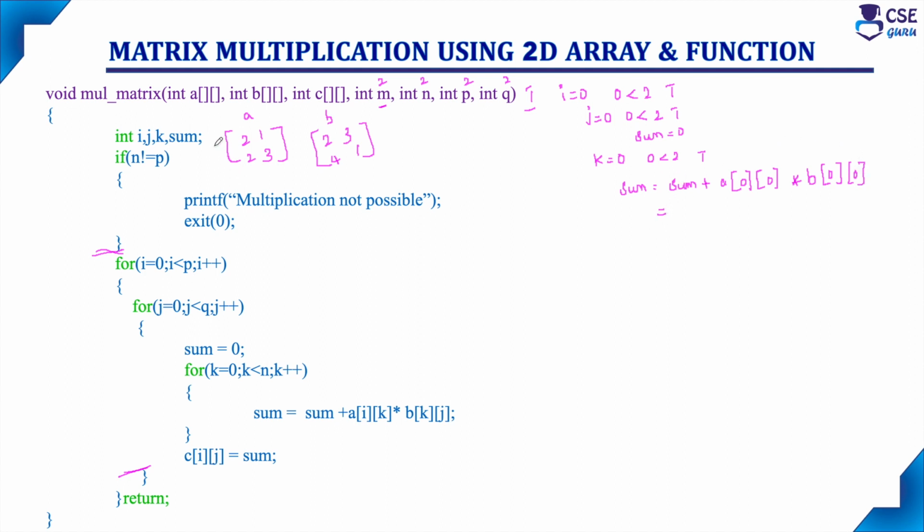Consider this is 0 position, 1 position, and this is 0, 1, 0. So sum, we have initialized as 0, plus a of 0, 0. A matrix 0, 0 position value is 2, into b of 0, 0. B of 0, 0 position value is 2. So here we will get 4.